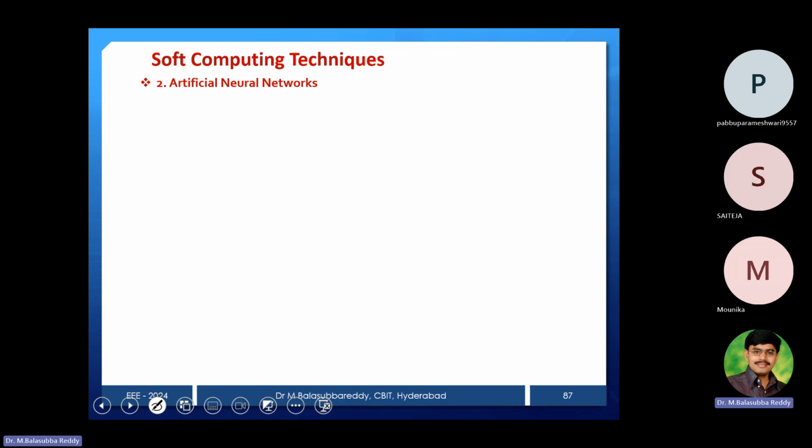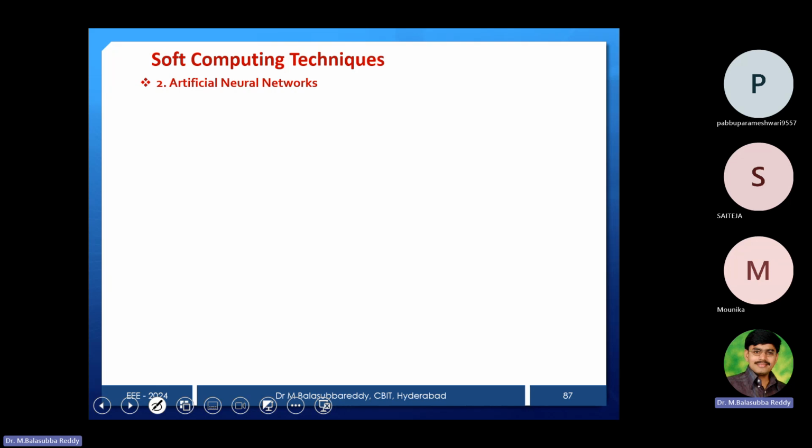And that is all about the first one, fuzzification, because in soft computing we have different mechanisms. Briefly, I explained the introduction, the fuzzy system, then artificial neural networks, and evolutionary algorithms.